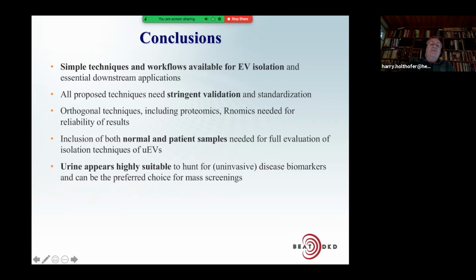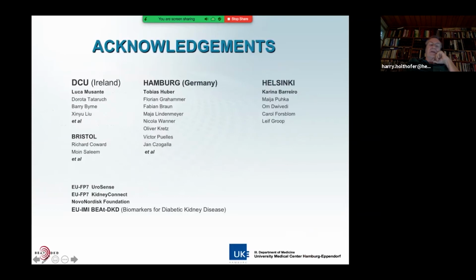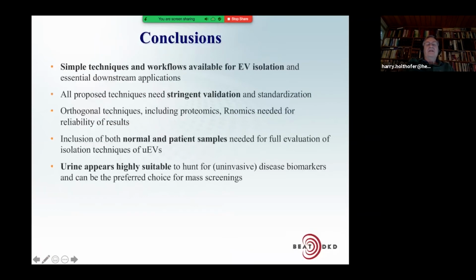Something we find very important, especially when using patient samples, is that we include both normal and patient urines, because they behave quite differently. The urinary environment as well as the serum environment is different in normals and in patients. And of course, what we are trying to find is how we can normalize the situation so that we can really pinpoint the distinct biomarker.